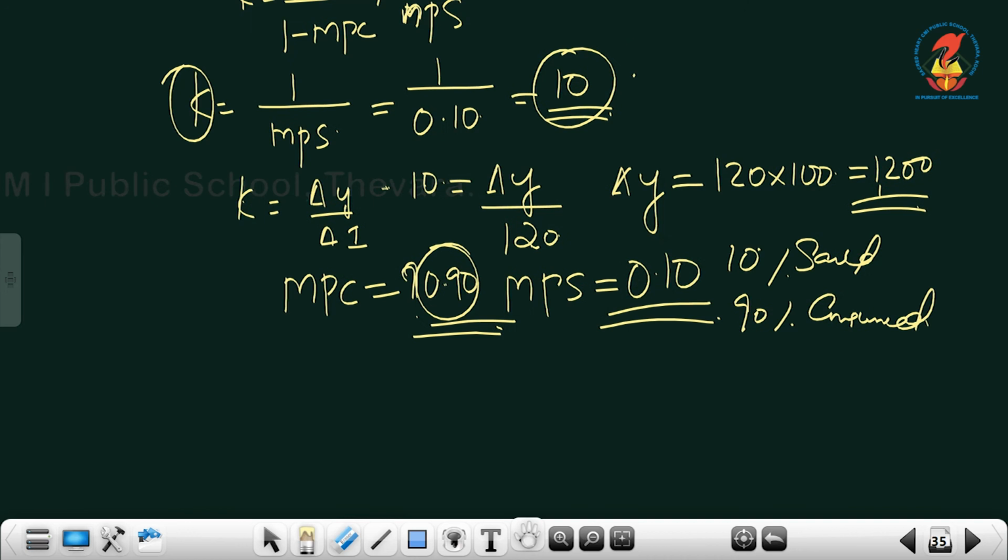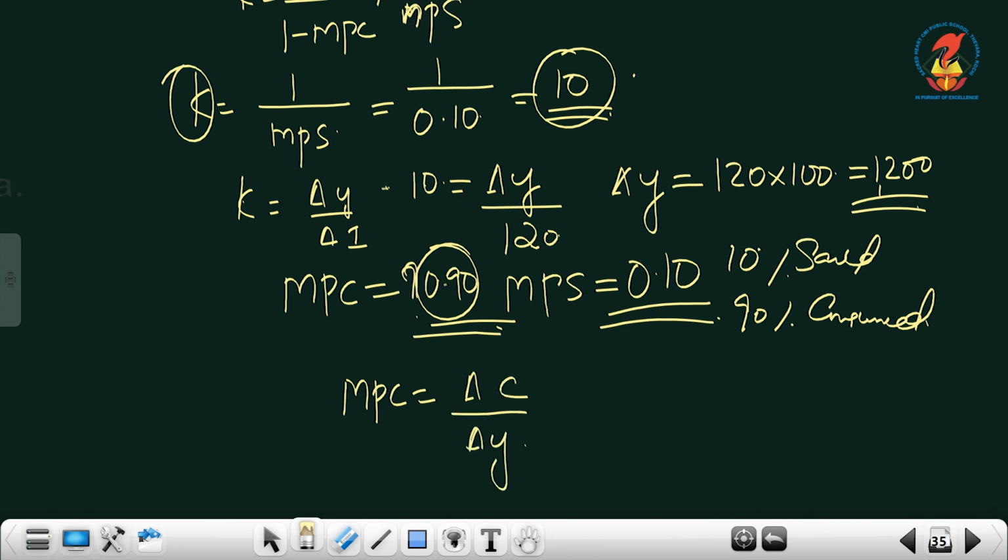Now from that you can find the value of delta C, isn't it? Write down MPC is equal to delta C by delta Y. MPC is 0.90, and you don't know the value of delta C. What is delta Y? 1200.